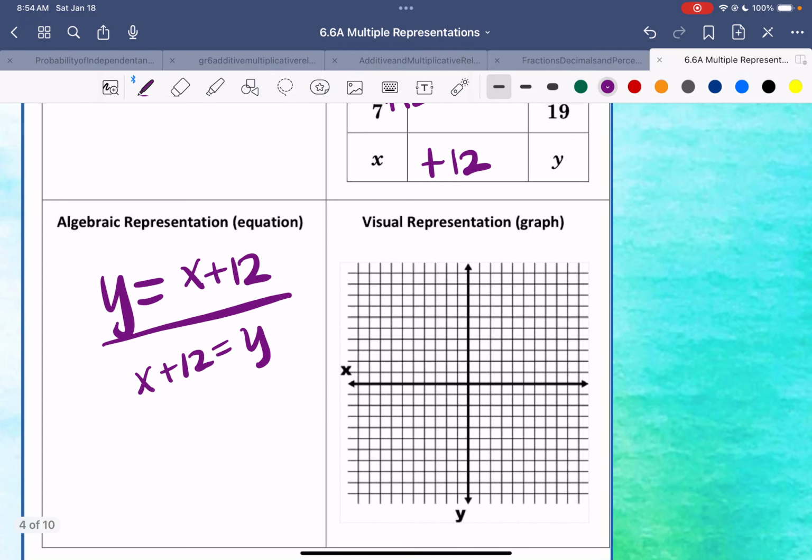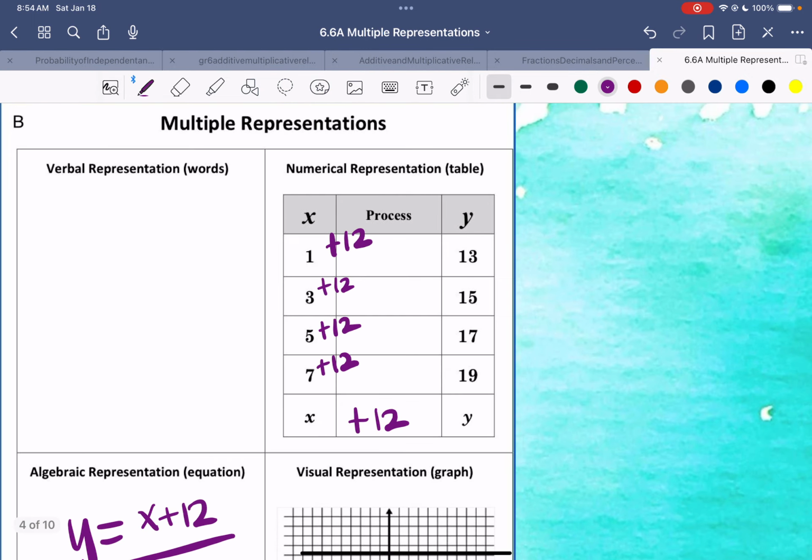We're going to graph. This is ordered pairs. So my first ordered pair is 1, 13. The next one is 3, 15. I already know, looking at my graph, I don't have enough lines. So what I'm going to do is just pick a couple of points. I'm going to pick this ordered pair. Okay. And then I need one more ordered pair. So let's first start there.